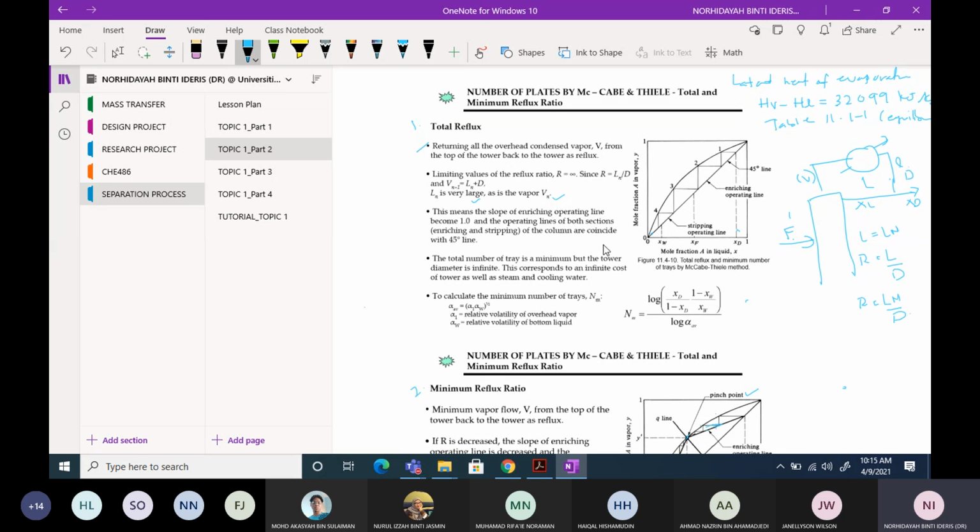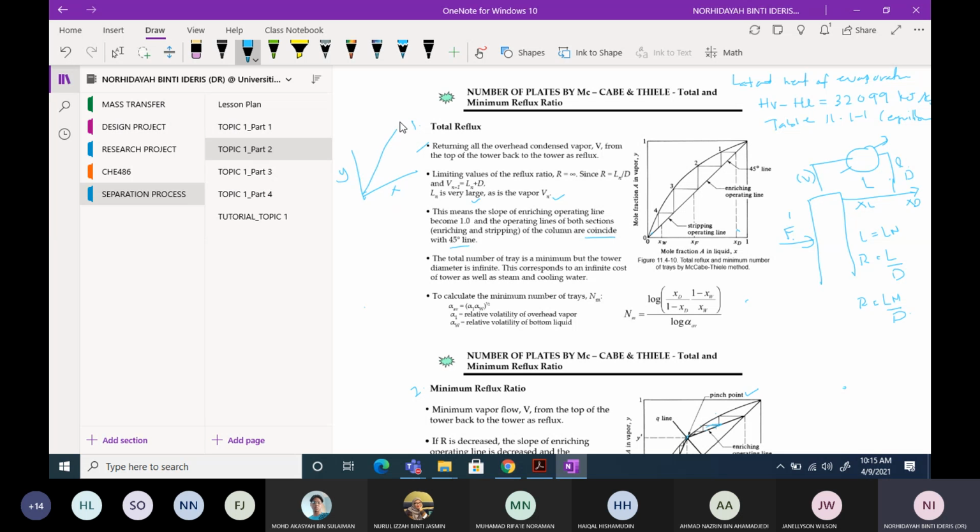In that case, the slope of the enriching and stripping operating lines will coincide with the 45-degree line.